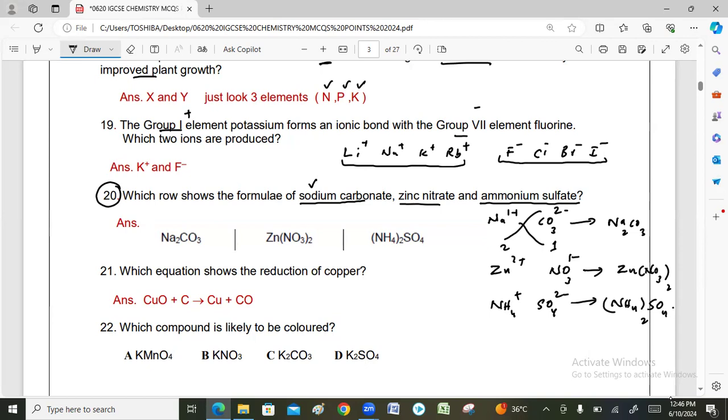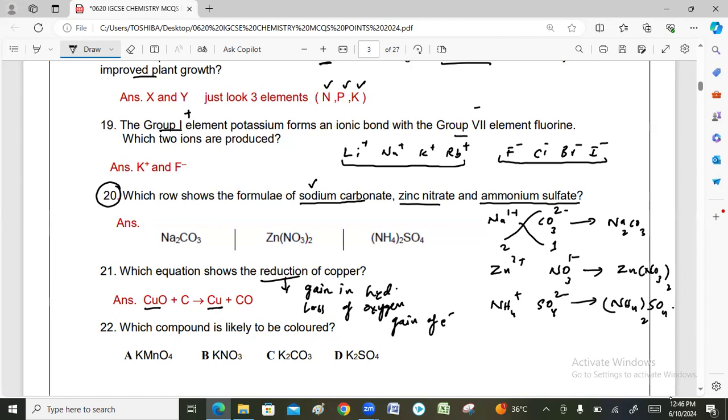Which equation shows the reduction of copper? What is reduction? Reduction is gain in hydrogen or loss of oxygen or gain of electron. So if we look at the copper, here the copper is copper 2 oxide.